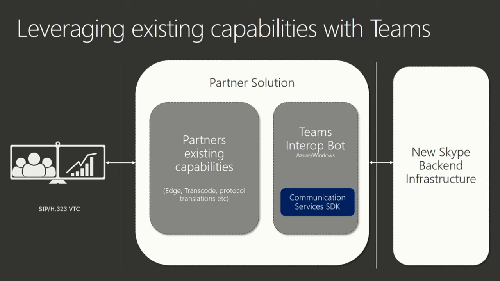And therefore, we have the native integration that Microsoft is able to provide by using our own first-party SDKs that we are providing to our partners on one end, as well as leveraging what the partners have already built from a knowledge, infrastructure, and capabilities standpoint for connecting existing VTCs into their network already.